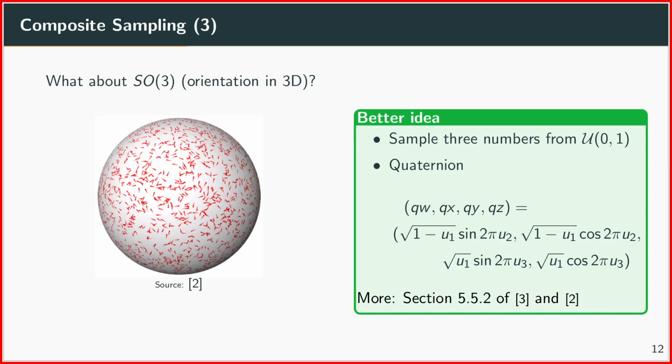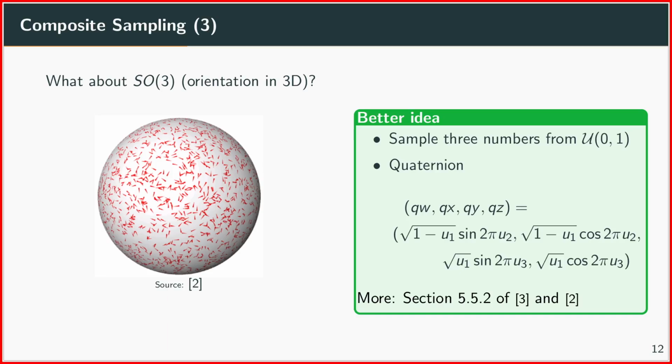The way you do that is you sample 3 points from a uniform distribution, then you compute those formulas here, and you get those 4 points on the unit sphere. This is your representation of a rotation, and you can convert from here back to Euler angles or a rotation matrix, and use that to rotate your robot in the right direction.